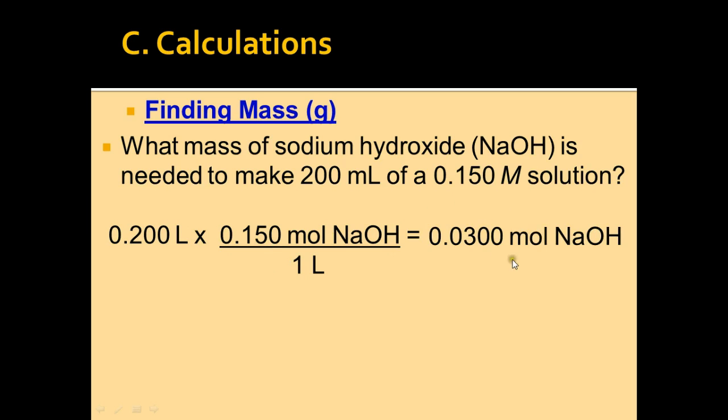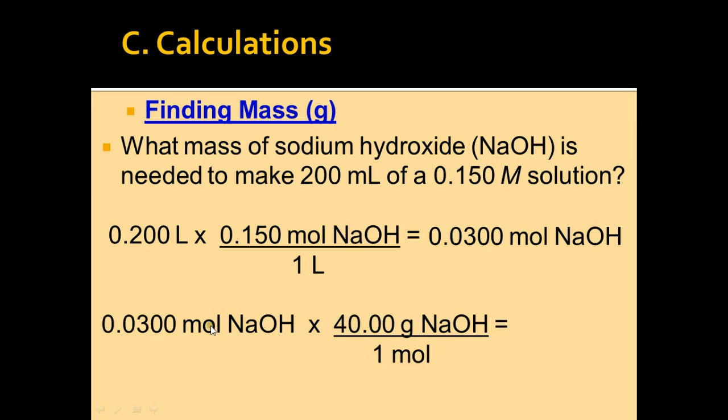And so once we have moles, how can we convert to grams? If you go back and think about stoichiometry, we use molar mass to convert from moles to grams. So now we go back to what we already know.